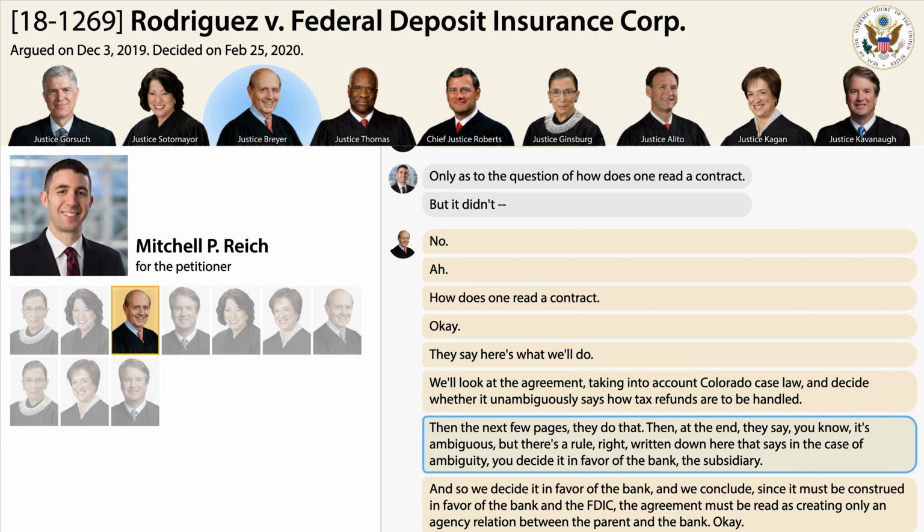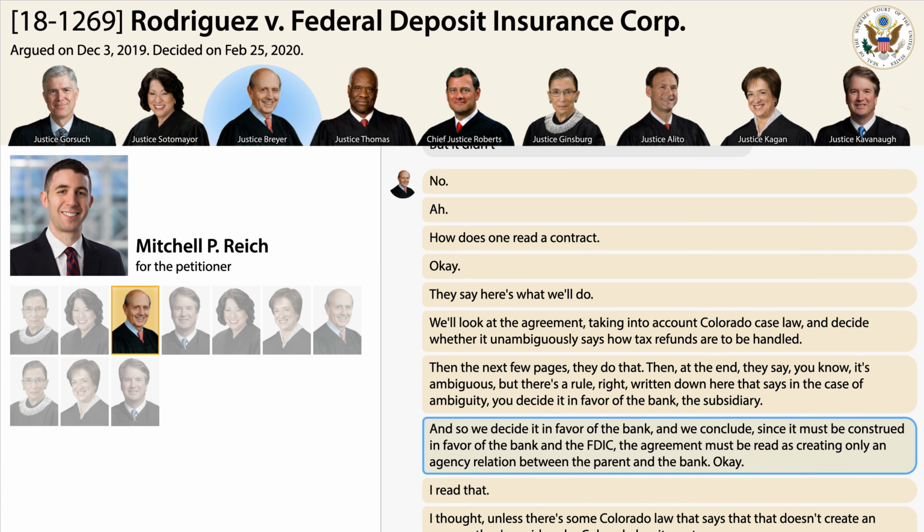But there's a rule written down here that says in the case of ambiguity, you decide it in favor of the bank, the subsidiary. And so we decide it in favor of the bank. And we conclude, since it must be construed in favor of the bank and the FDIC, the agreement must be read as creating only an agency relation between the parent and the bank.